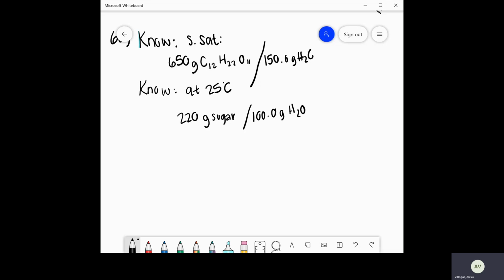So it's asking you to find how many grams will be that saturation point when it's in the 150, when we know this is a solubility in 100 grams.